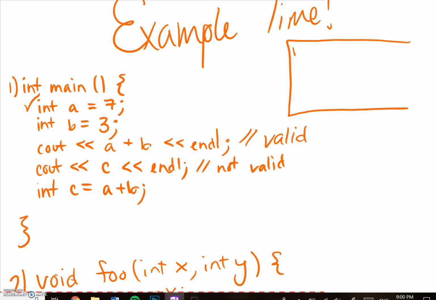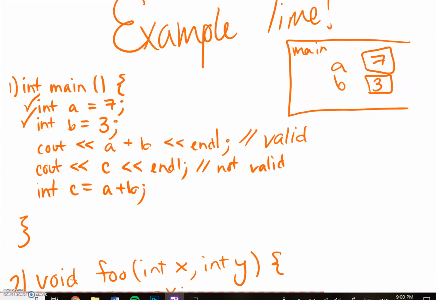So let's say this box represents main, and inside main we have a variable a that has a value of 7. Alright, next line, int b equals 3, so this creates a variable b in main with a value of 3. So now at this point we can say that inside of main a and b are in scope.